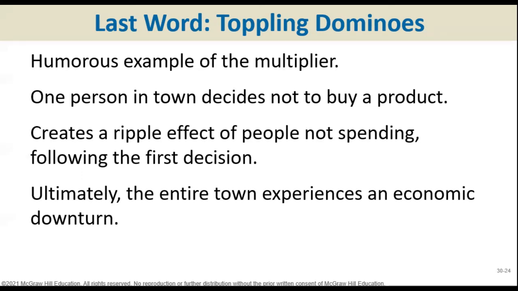So if that goes to the third producer, the fourth producer, it's going to create that ripple effect throughout the economy. And before you know it, you're going to see a downturn in the economy as output gradually decreases. And that's how we experience recessions.